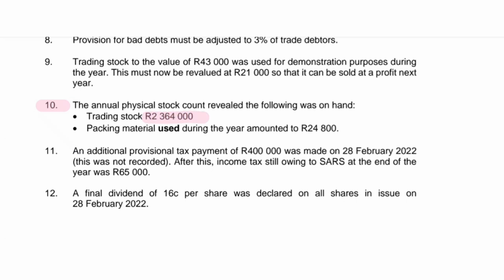2,364,000 rand. So when we talk about the annual physical stock count, what we're saying is that we looked in the storage, we have counted stock in the storage, and we are certain the amount is 2,364,000 rand, right? The problem is that on our pre-adjustment trial balance, we have a different figure. What we need to do is reconcile the amount on the pre-adjustment trial balance with the amount from the physical stock count.